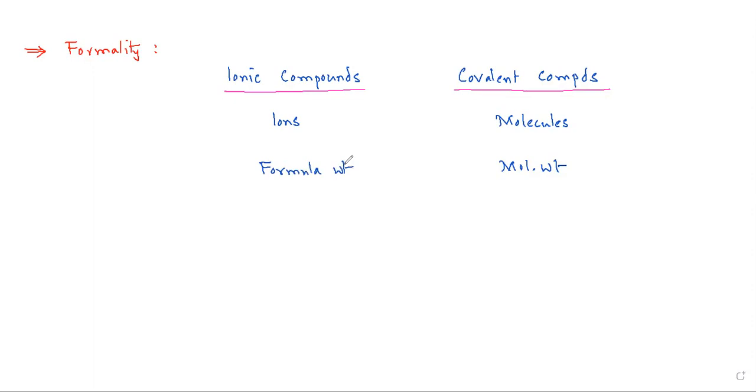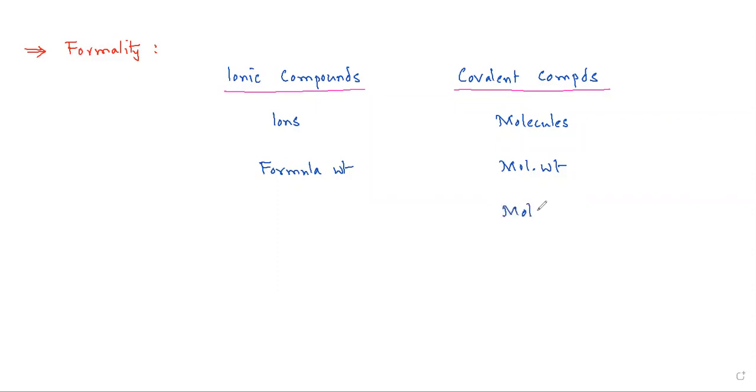Okay. No much difference. Calculation is, of course, the same. There is just a small theoretical difference. Now, just like we use the word molecular weight in case of covalent compounds, we use the word formula weight in case of ionic compounds.